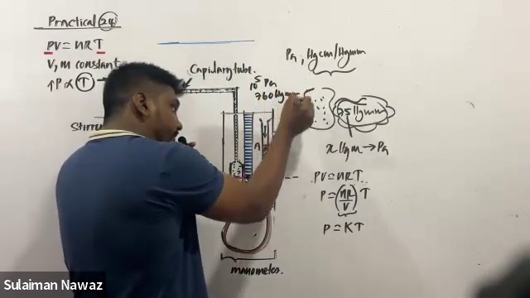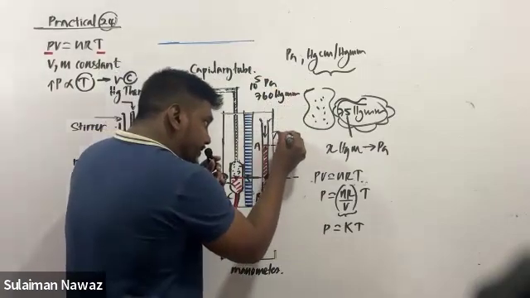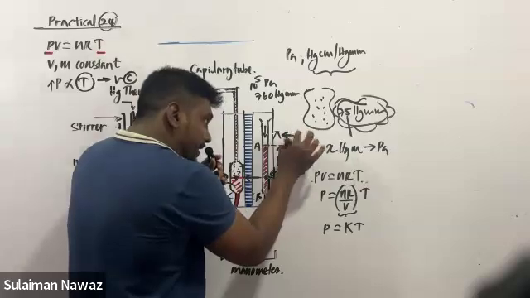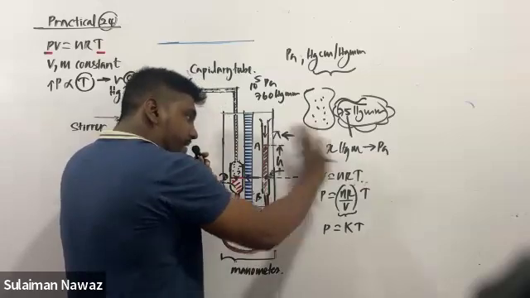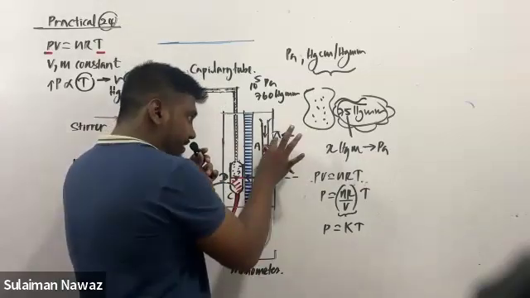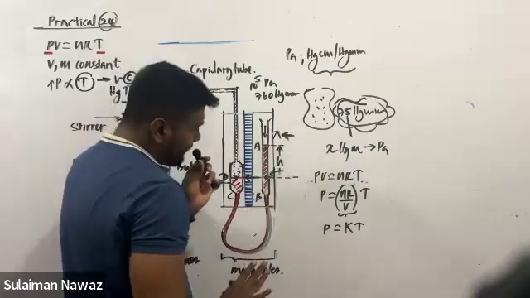You can remember this idea. The atmospheric pressure can be measured in mercury millimeters, centimeters or meters.